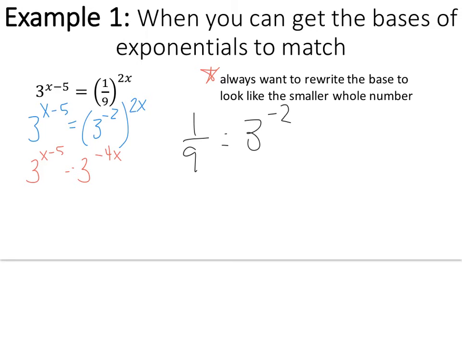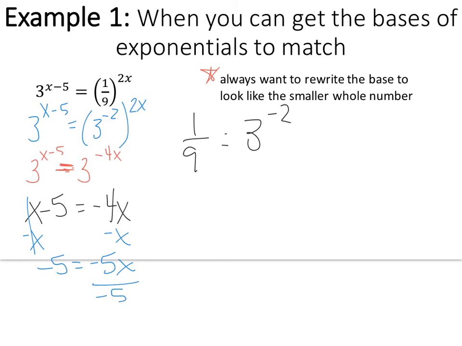And then this is kind of like our inverse property. Right now I have an exponential base 3 and an exponential base 3. So those actually go away, and I can just write that x minus 5 equals negative 4x. So then I just solve this equation like normal. I bring the x to this side to get negative 5 equals negative 5x. Divide both sides by negative 5, and I'm left with x equals 1.